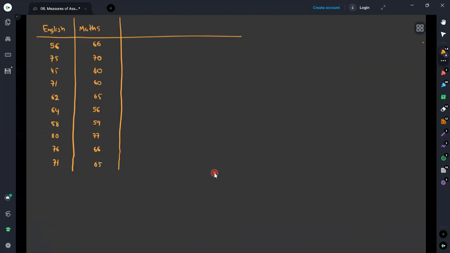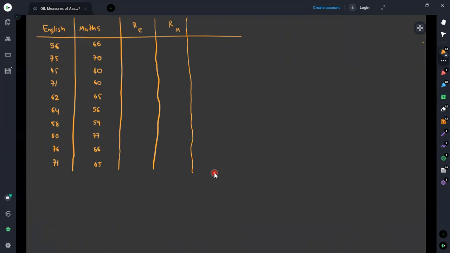Now we need to have the ranks for English, and then the ranks for mathematics.